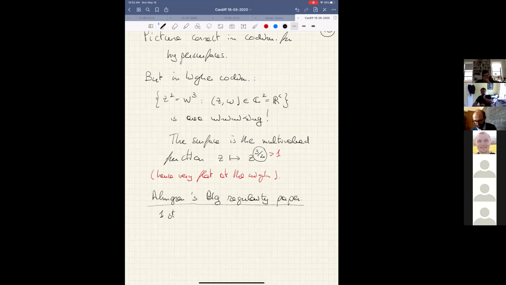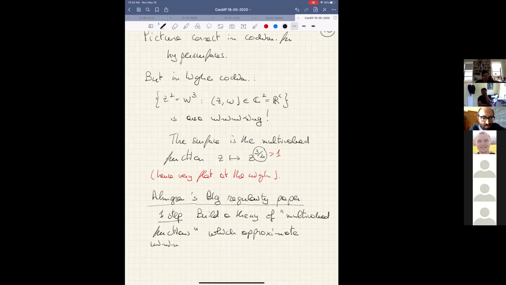So the first step in his regularity theory is to build a theory of multivalued functions which approximate the geometric object that you have, which approximate a minimizer at flat irregular points.